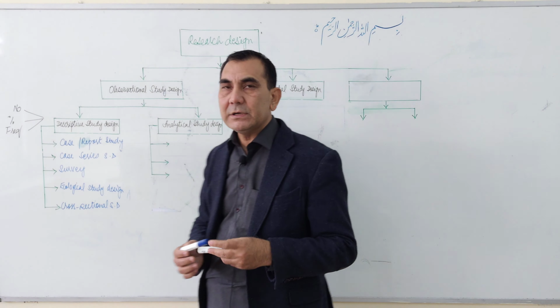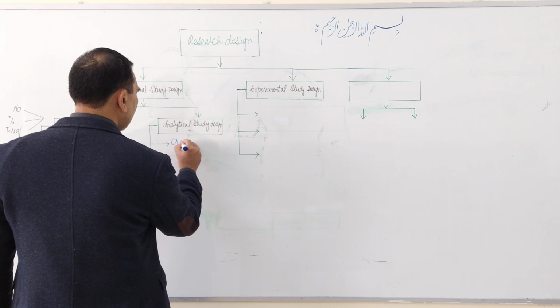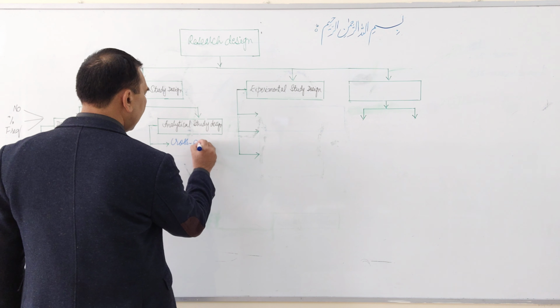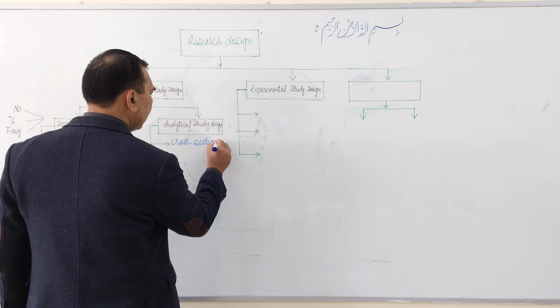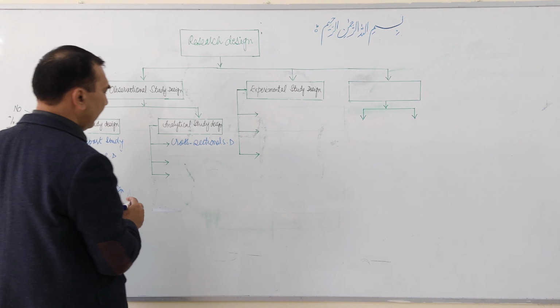Now in analytical study design, the first type is the same cross-sectional study design. The second one is the case control. And the third one is the cohort study design.